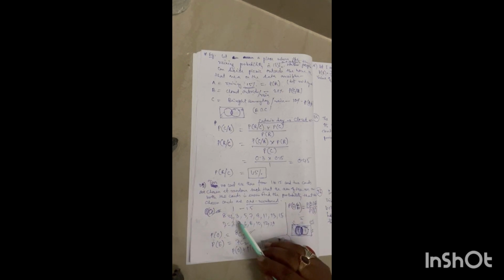Probability of odd numbers is this. This is my probability of odd numbers, and probability of even sum is any number I get in the odd 2 numbers will give you the even sum.